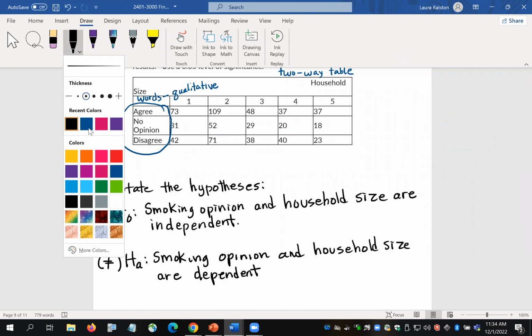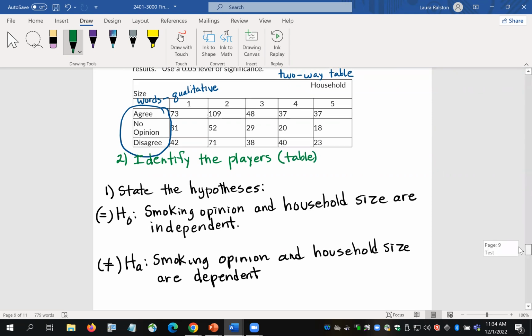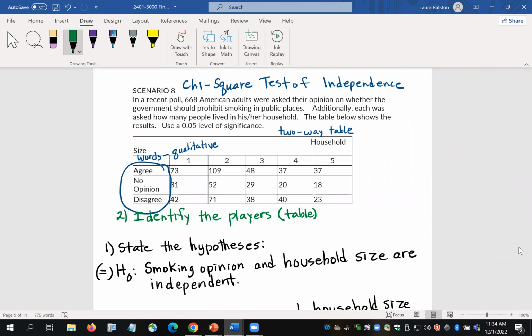Step two is to identify the players, and our players really have already kind of been identified for us because it's this table. But we also need our level of significance, and it tells us to use alpha equals 0.05, which then means my confidence level is 95%.